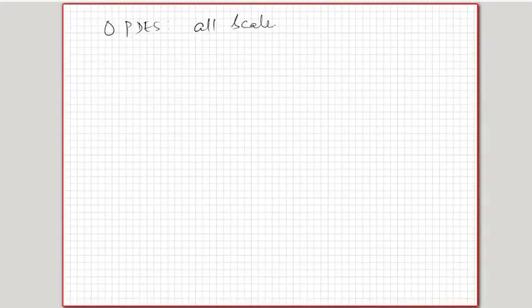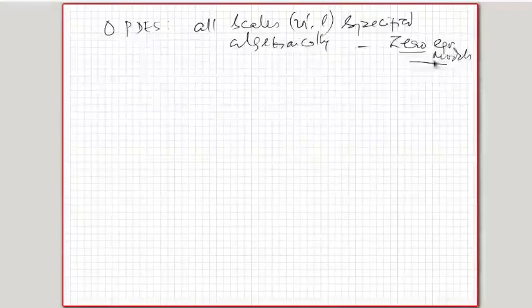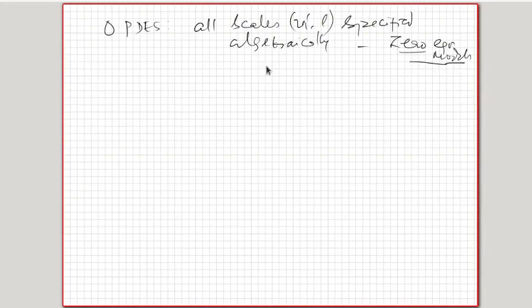So if I solve 0 PDEs, so all scales, u prime and L, are specified algebraically, then you get what is called the zero equation models. Whenever you say this number of equation models, they are all eddy viscosity models of some kind. Okay, so this is the zero equation model.